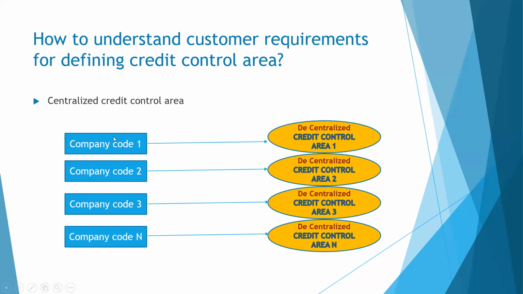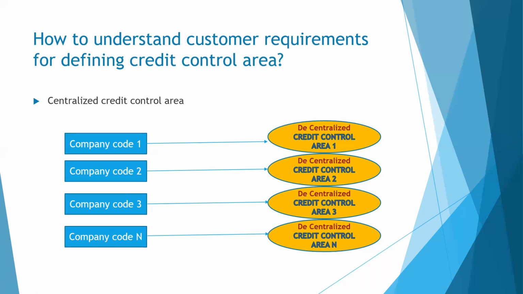If you go to any manufacturing industry, in certain cases, if the company says it depends on the region, they can define the company code region wise. State wise also they can define the company code. Country wise also they can maintain their account books. It all depends on the client requirements of the customer.